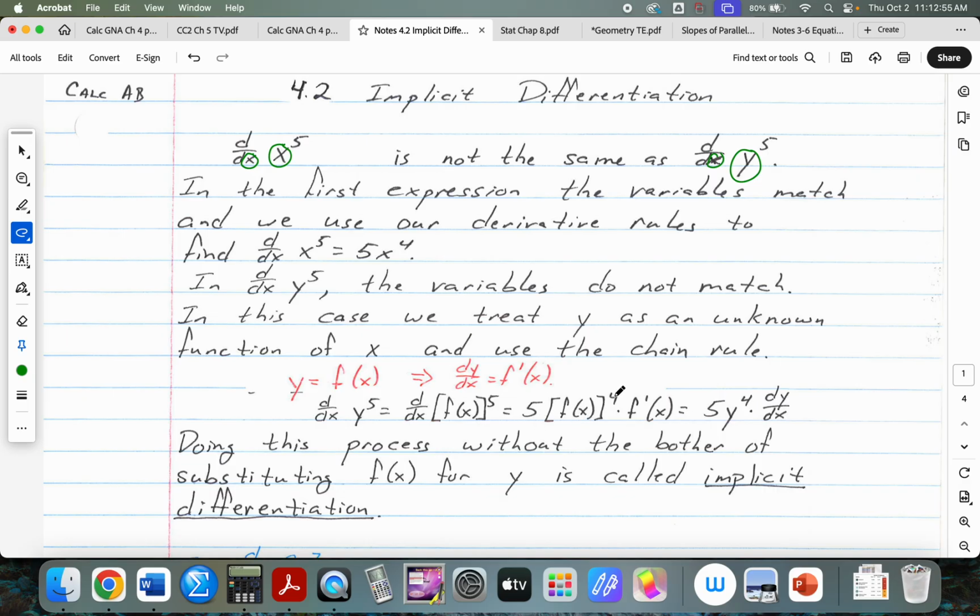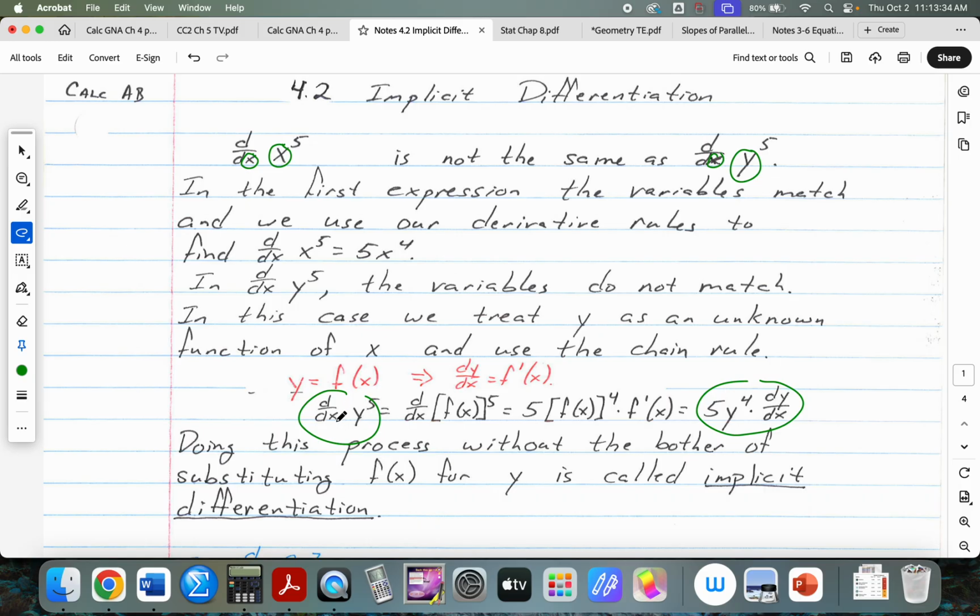Remember, take the derivative of the outside part, leave the inside part alone, times the derivative of the inside part. And then substituting back in the y's and the dy dx's, you get 5y to the fourth times dy dx. Now, it is a pain in the tuchus to have to do all those steps. So implicit differentiation allows us to go straight from this to this without having to do all that substituting and unsubstituting. But that's the basic idea.